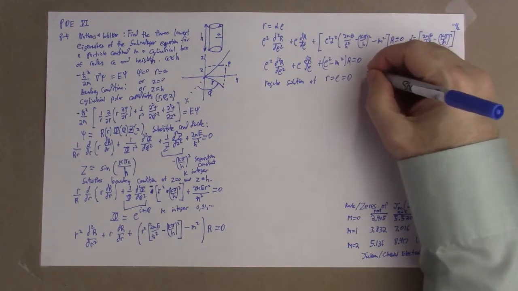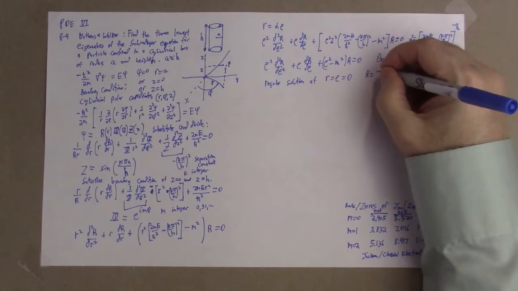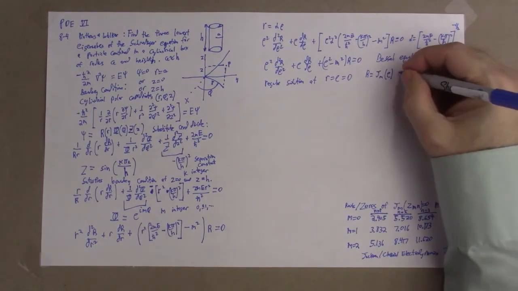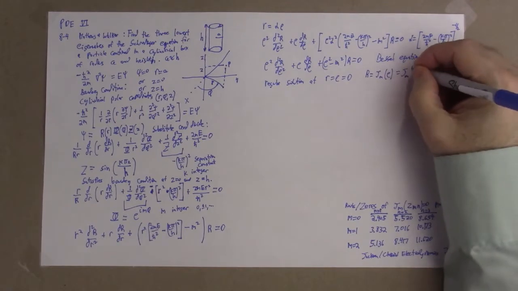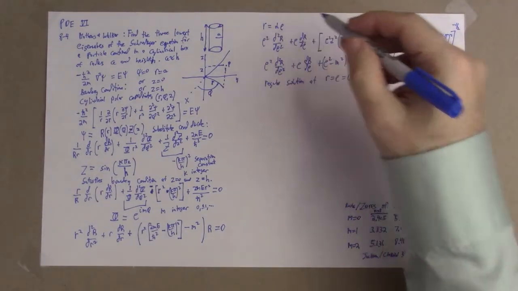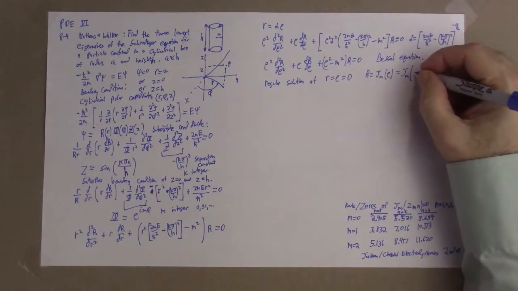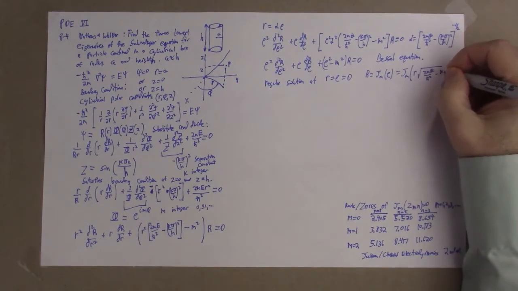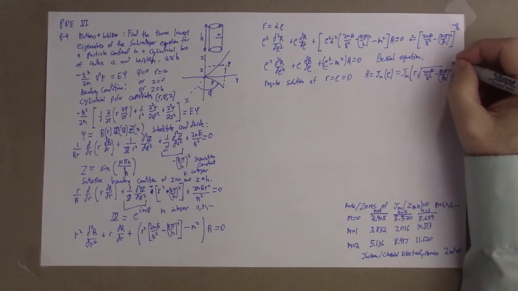So we can write down our solution as R is equal to J_m(rho), which is equal to J_m. Now we're going to substitute rho equal r over alpha. So it's J_m of r times the square root of 2me over h bar squared minus kπ over h squared.